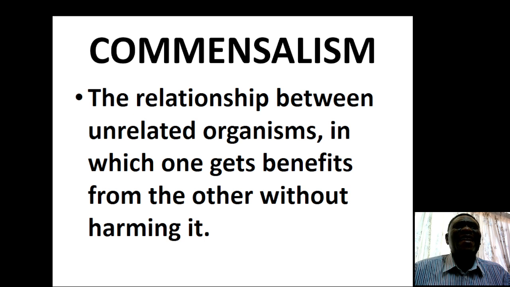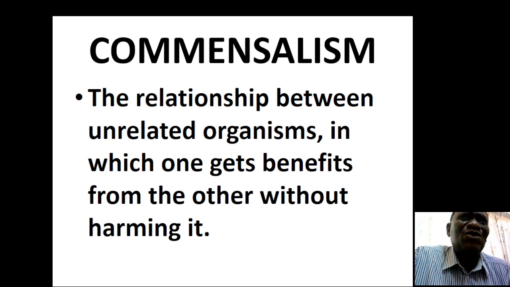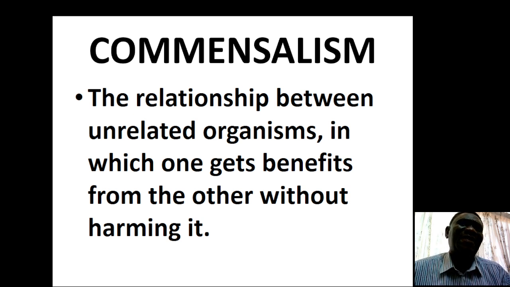There's also this term, we're not going to talk about this, commensalism. It is the relationship between unrelated organisms in which one gets the benefits from the other without harming it. But we are mostly interested in a relationship where crops are likely to be harmed by the weeds.